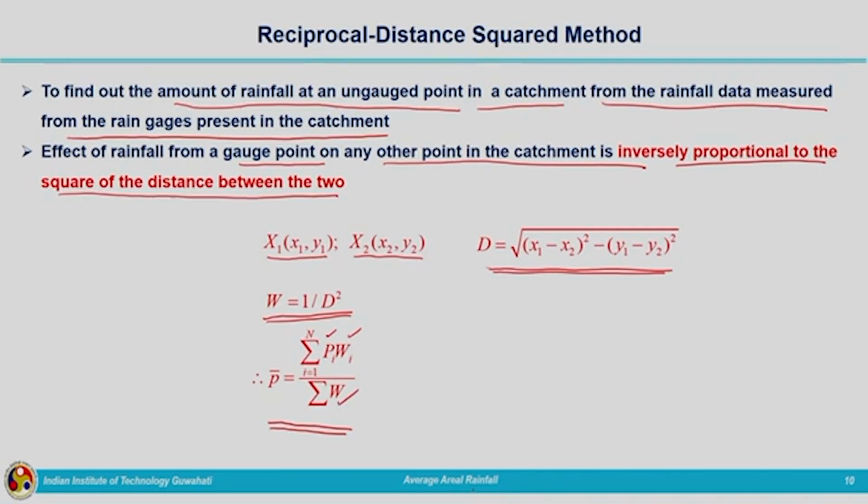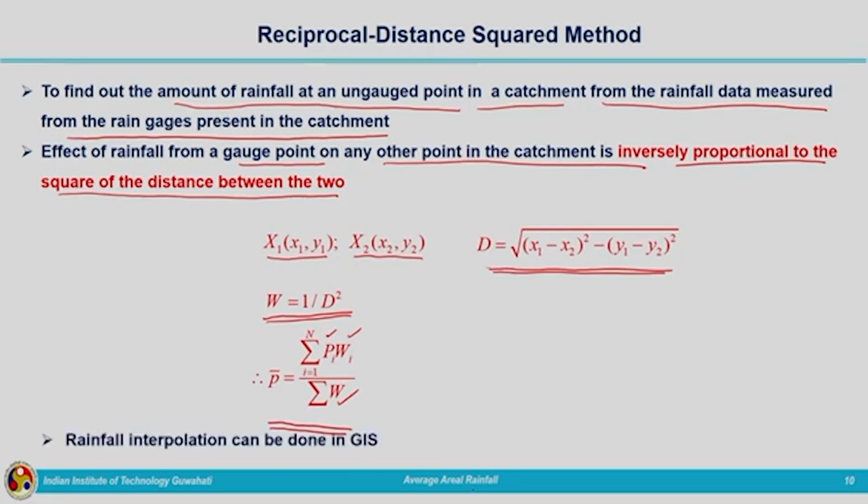Capital W is the reciprocal of the square of the distance between the gauged point and the ungauged point. By making use of this, we will get the rainfall data within that ungauged area.